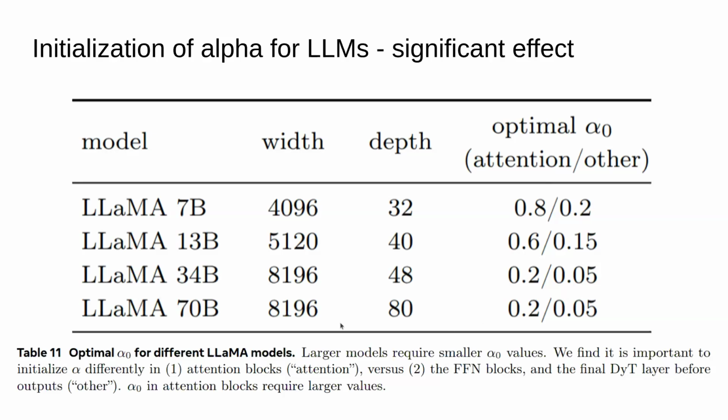For the attention blocks, you will need a higher initialization, especially for the smaller models. And for the other blocks, you will need a lower initialization, right? They already say that larger models require smaller alpha 0 values, and that it's important to initialize alpha differently in attention blocks or FFN blocks.